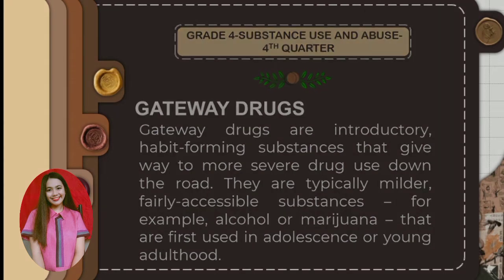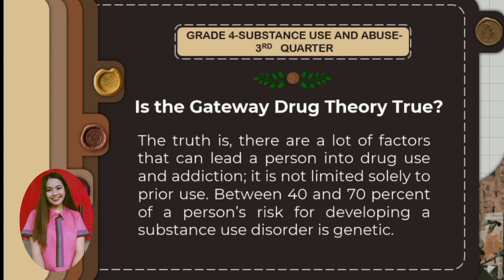There was a question: is the gateway drug theory true? There is a ton of debate around whether gateway drugs actually exist. The truth is there are a lot of factors that can lead a person into drug use and addiction. It is not limited solely to prior use. Between 40 and 70% of a person's risk for developing a substance use disorder is genetic.